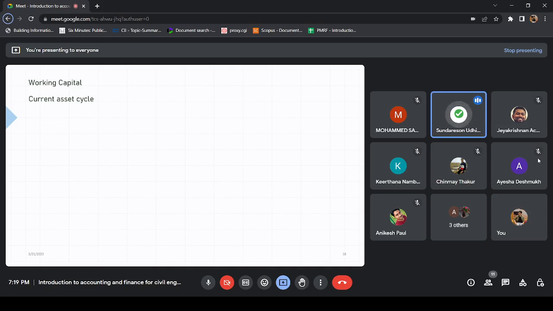Yes, sir. Sir, working capital means the amount of money that he has in spare hand, so that if there is any delay in the bill or revenue, he can manage it. Okay. So money in hand to deal with some contingency, right? Yes, sir. Anybody else?